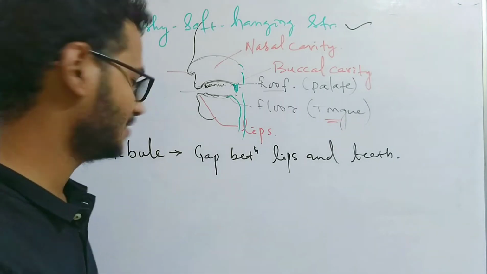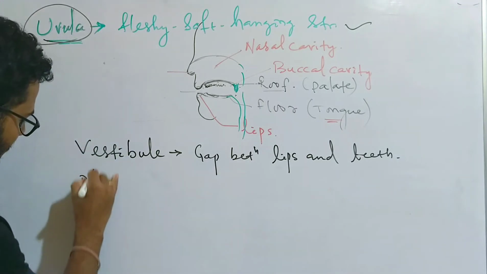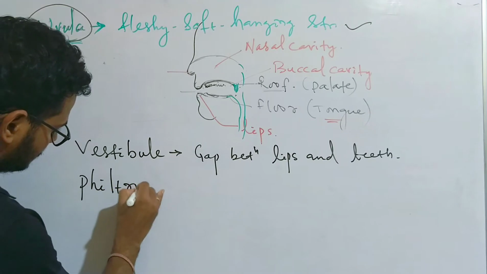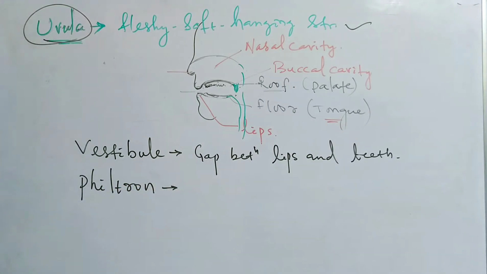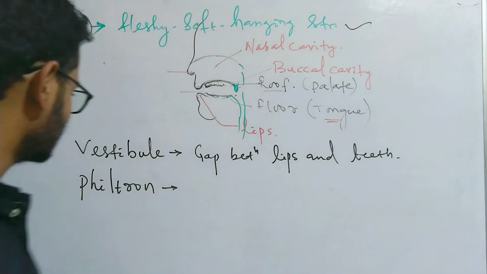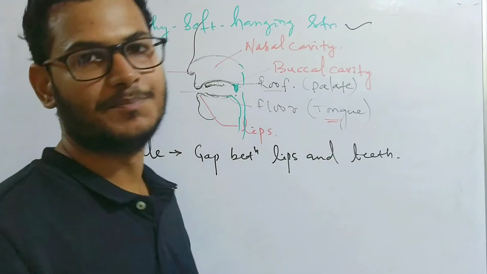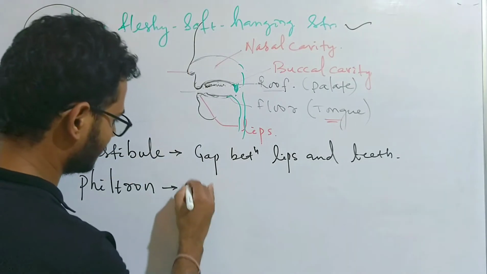Next, the important term which is related with our buccal cavity, it is outside the buccal cavity on our upper lip, that is the philtrum. So what is philtrum? Philtrum is the depression in our upper lip below the nose.